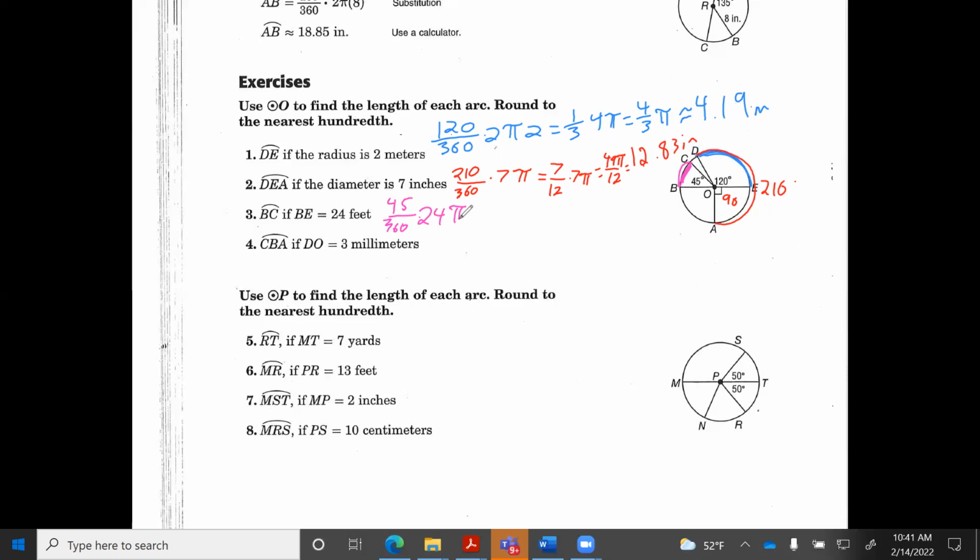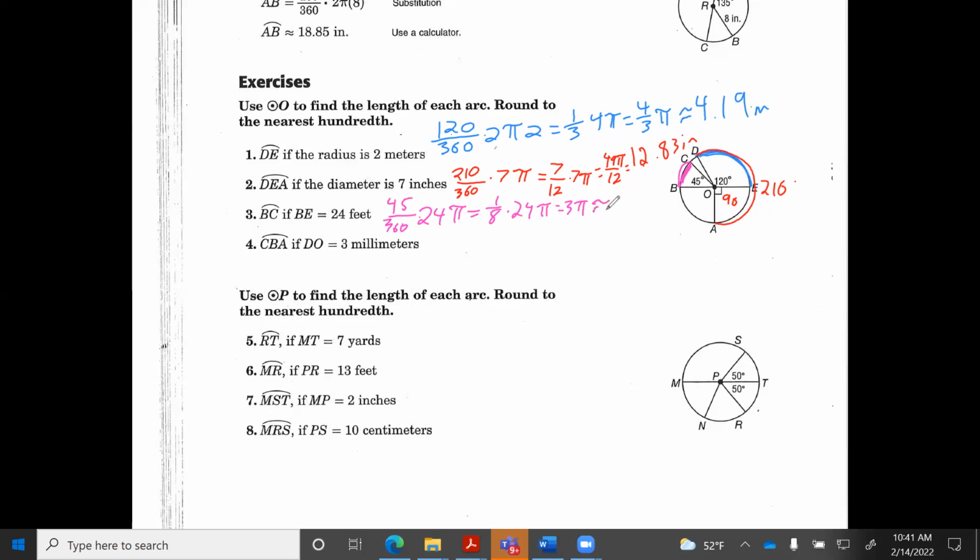Again, it helps you be familiar with some of the fractions for a circle. 45 out of 360 is exactly 1/8 of a circle. 1/8 times 24 pi. 1/8 of 24 is 3. 3 pi.